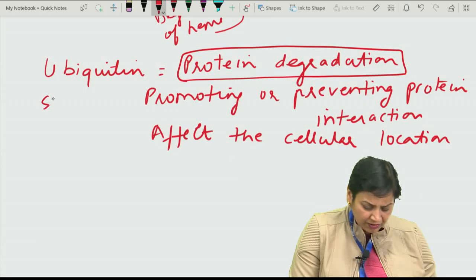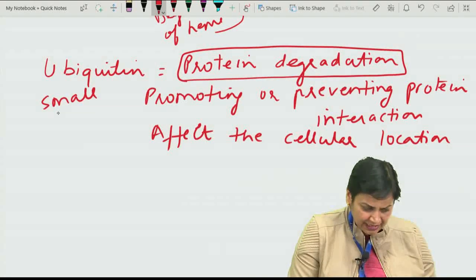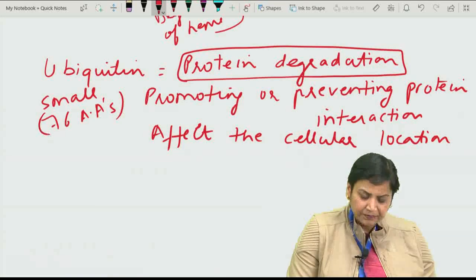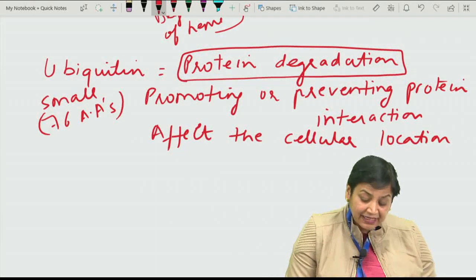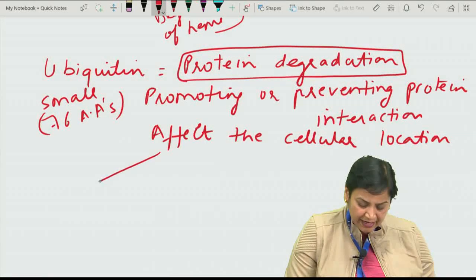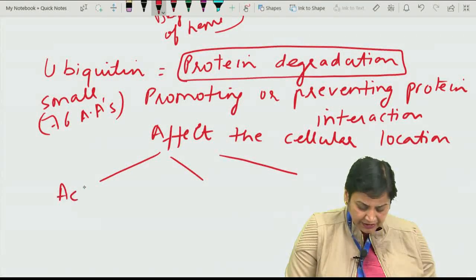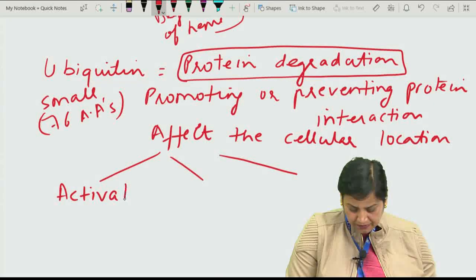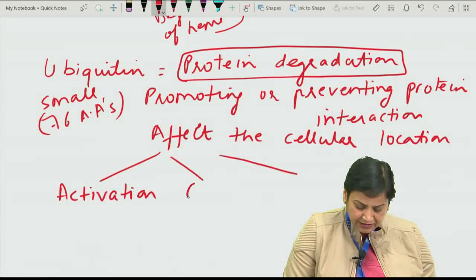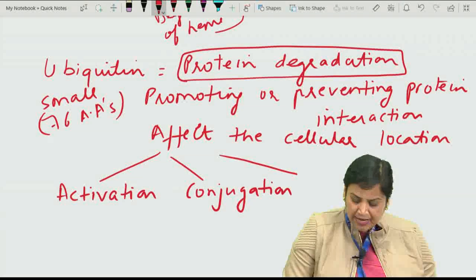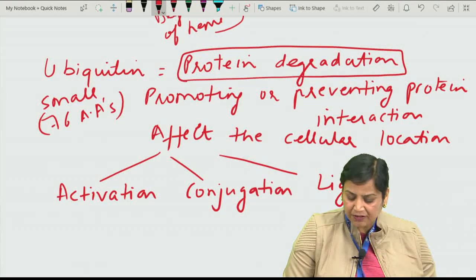It is a very small protein which has approximately 76 amino acids and it catalyzes the degradation of proteins in three major steps: activation, conjugation and ligation.